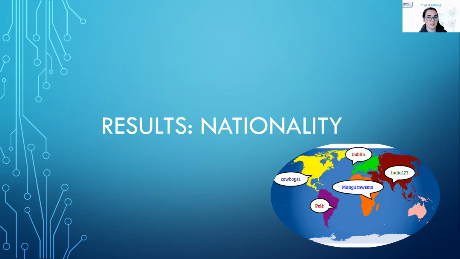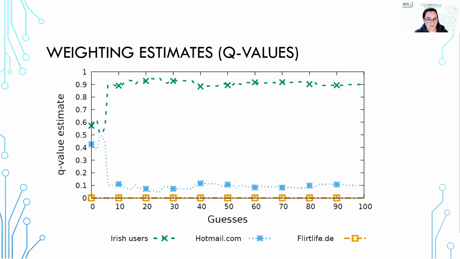Most Irish people speak English as their first language. So we're basically comparing whether there are cultural differences that mean the passwords are different, rather than just language differences. And we're trying to see whether the multi-arm bandit can discover these. I'm just going to show the results for the Irish users, but the German users are also in the paper.